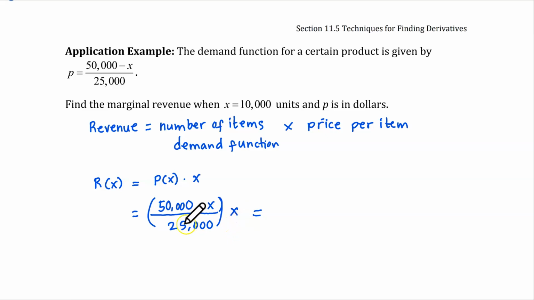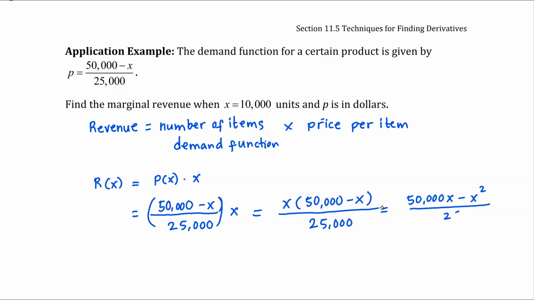So that means this is just equal to x times 50,000 minus x divided by 25,000. And then distribute x to each term in the numerator. You have 50,000x minus x squared divided by 25,000.